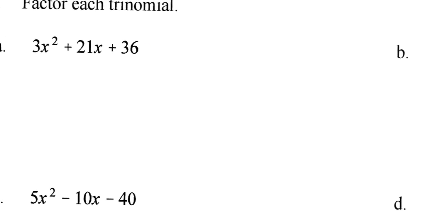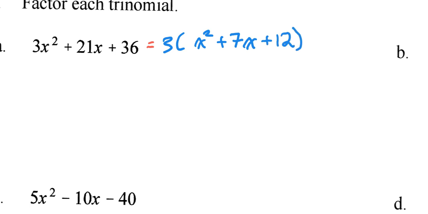So now, each of these numbers is divisible by 3. So I'm going to pull off a 3, and I'm left with x squared, since 3 divided by 3 is 1. 21x divided by 3 means we have positive 7x. And then positive 36 divided by 3 is positive 12.